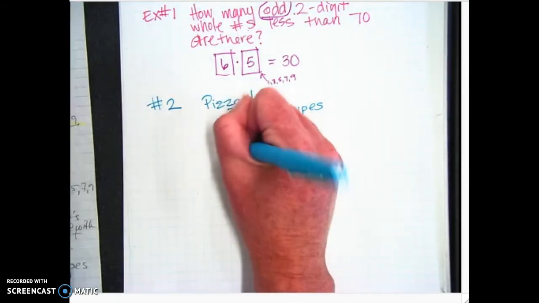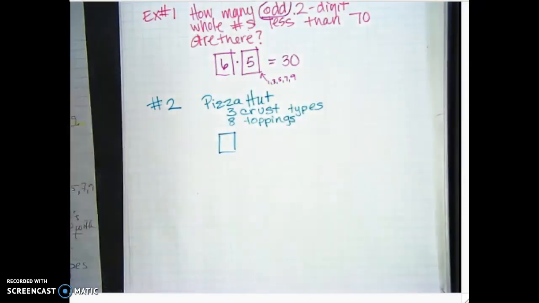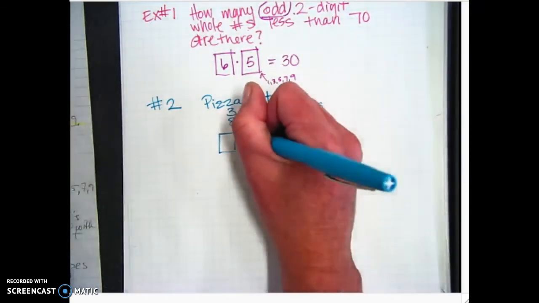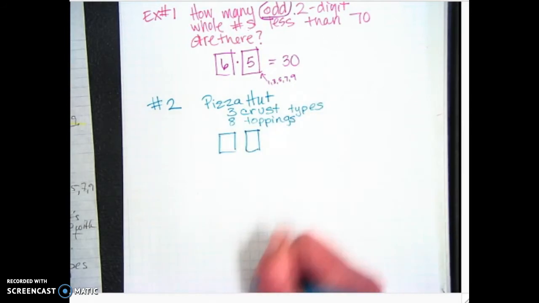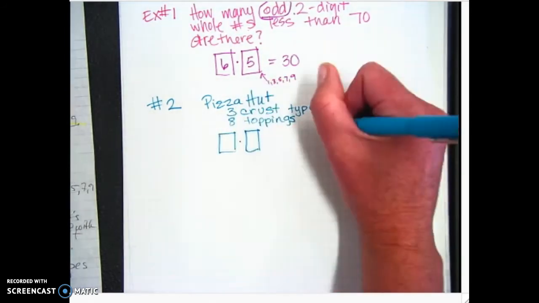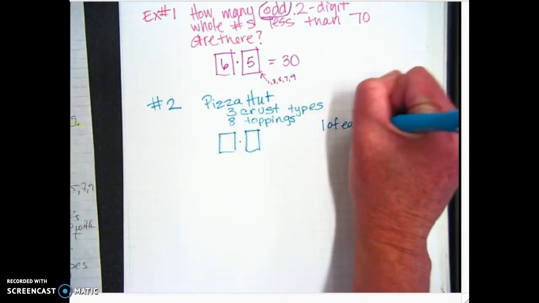You can only have 1 crust type, and you can only have 1 topping. You can only have 1 of each.